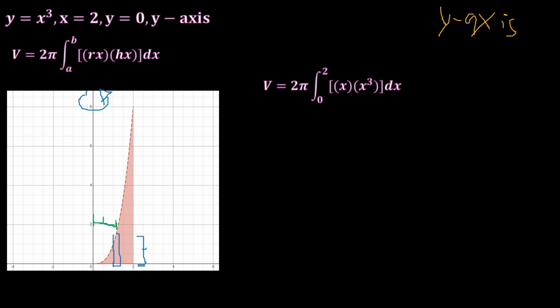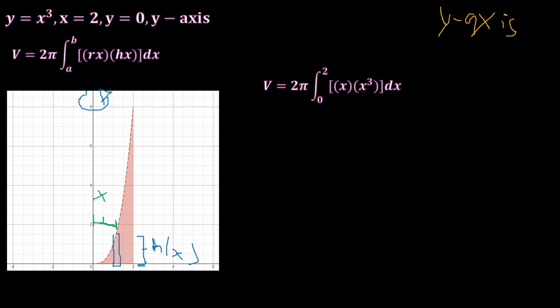If this is the height, which is the function h(x), this is the radius. And you would notice that the distance between the rectangular strip and the axis of revolution is the value x.